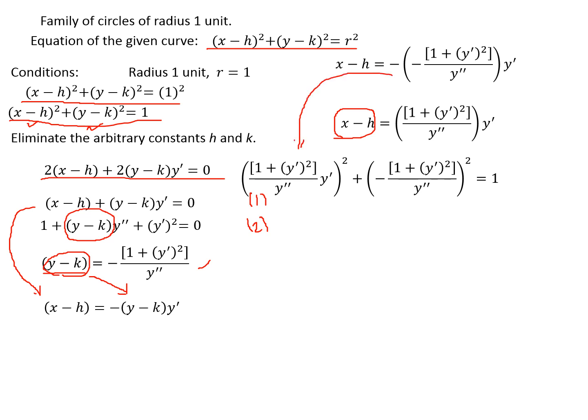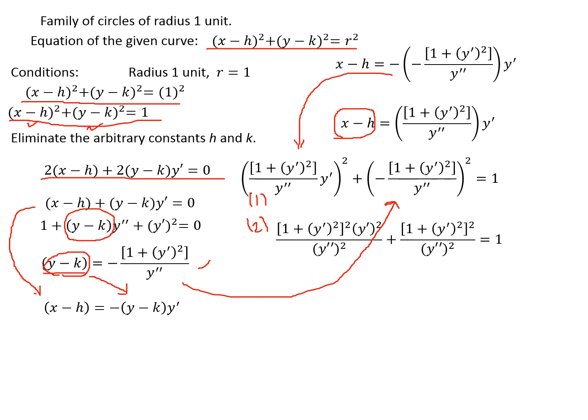Okay, and then you have what? 1 plus y prime squared over y double prime times y prime squared, and y minus k is plugged there. So that is negative (1 plus y prime squared) over y double prime squared is 1.